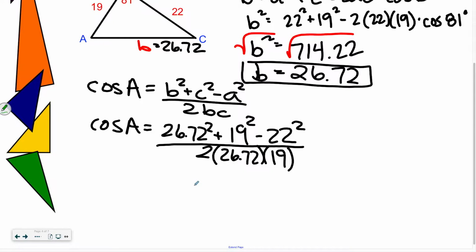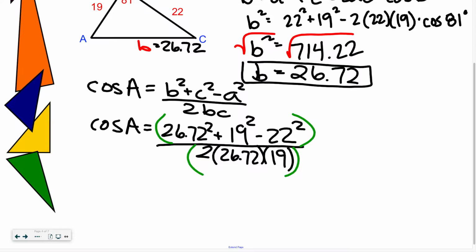So you'll have to do parentheses, b squared plus c squared minus a squared, close the parentheses for the numerator, divide by parentheses 2 times 26.72 times 19, close the parentheses. If you fail to tell your calculator what you actually want to perform, numerator, denominator, then divide, it won't be able to get the right answer.